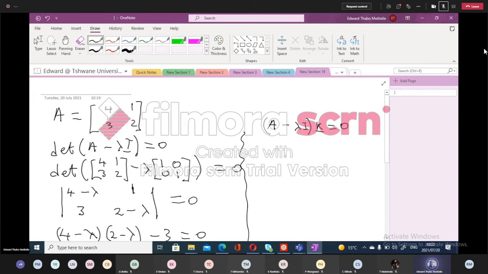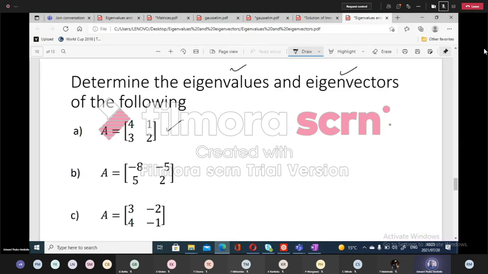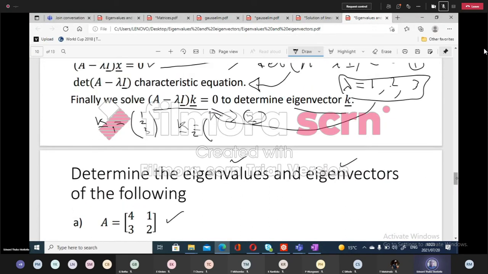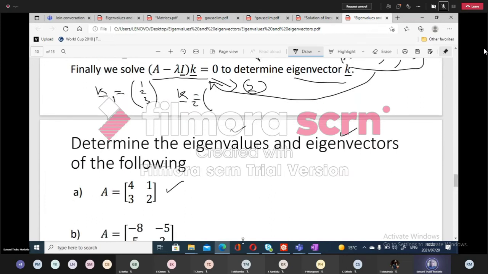Okay, I want to verify this equation. Okay, seems like it's correct. I still remember my math.